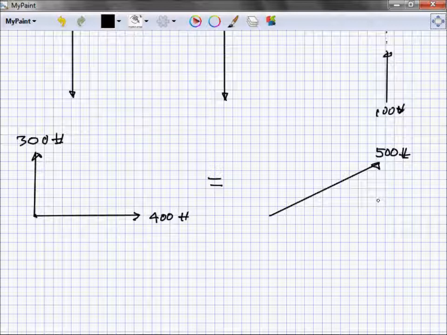Now, why in the world would that make sense? Well, you've got a line that's 400 units or inches or feet or whatever you want. The other one that's 300 up. This 500 is essentially one that's 400 over and 300 up.